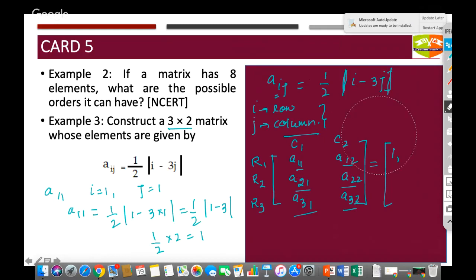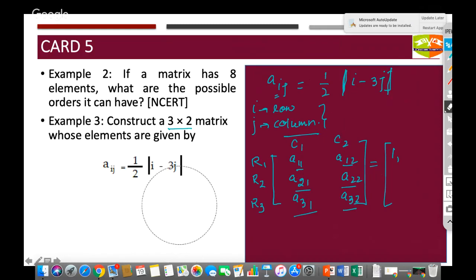Now let's find out A12. To find out A12, you get 1 by 2, modulus of 1 minus 3 into 2, so this comes out to be 5 by 2. So I write here 5 by 2.